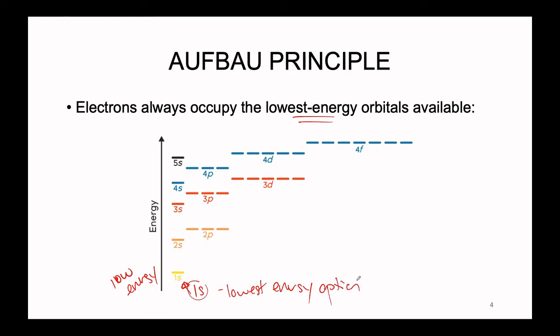So if you're working with an empty atom and you need to add a certain number of electrons to this atom, just like when you pour milk into a glass, the milk fills the glass from the bottom to the top. If we need to pour some electrons into this atom, the electrons are going to funnel their way down all the way to this most low energy space down here, this little 1s orbital that's right here, low in energy.